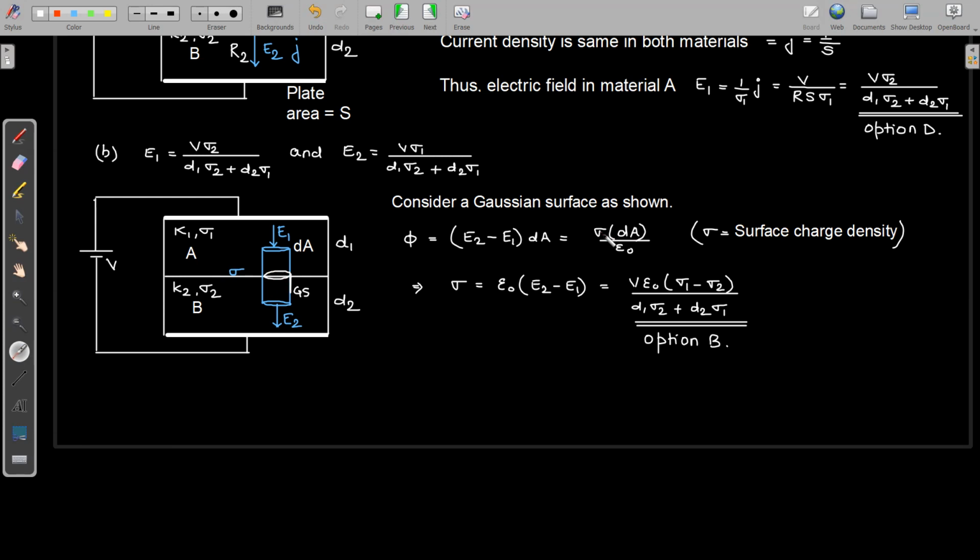So sigma dA divided by epsilon naught. From here I can find the surface charge density, sigma, which is epsilon naught into E2 minus E1. Now you have already calculated the values of E1 and E2. If you put them in this expression, you get the final result for the surface charge density on this interface, which corresponds to option B.